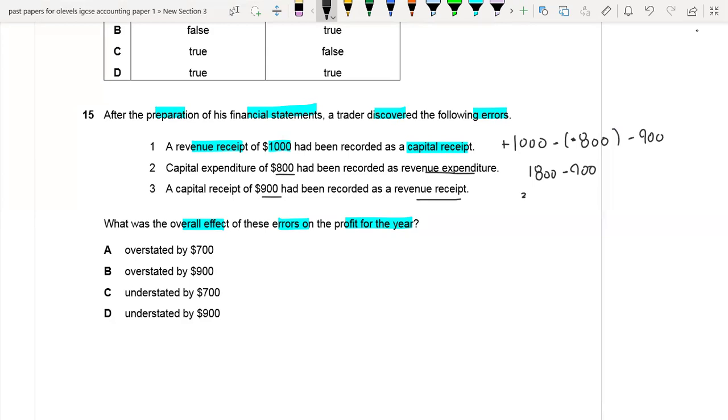Okay, we understate our profit by the $900 because we recorded capital expenditure as a revenue expenditure, again the capital receipt as a revenue receipt. So it means that we overstate. Sorry, understate. What is happening with me, sorry. So basically we overstate the expenses and understate the profit. So that's why D is the right option.